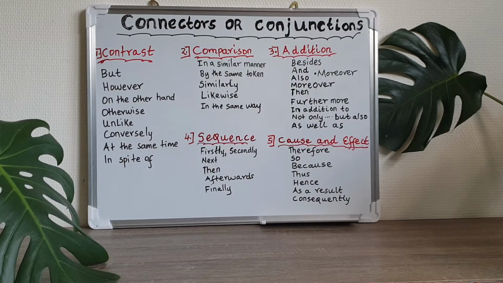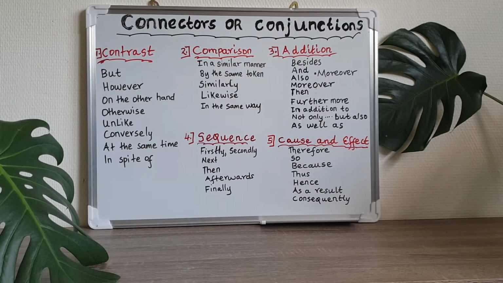Okay? When you have a simple sentence, which is a sentence with only one verb, and you want to join that simple sentence to another sentence so that you have what we call a compound sentence, then you will need a connector.